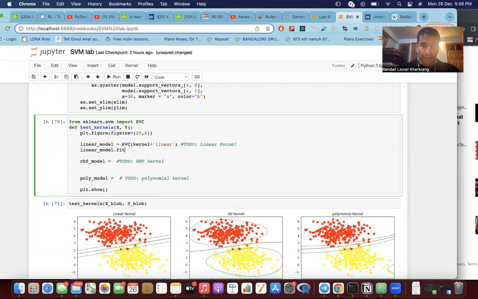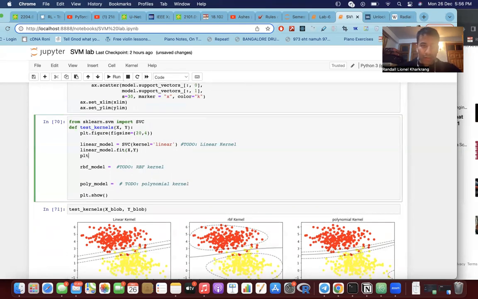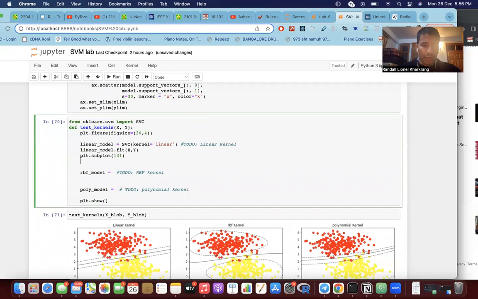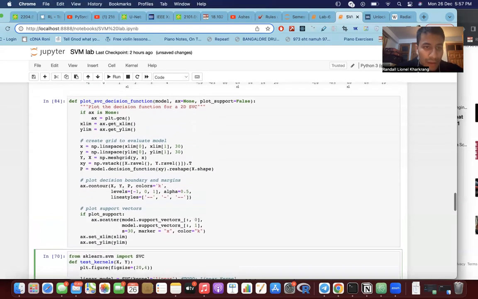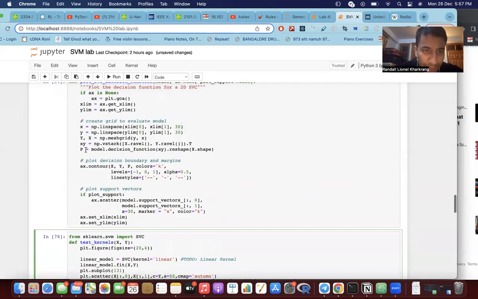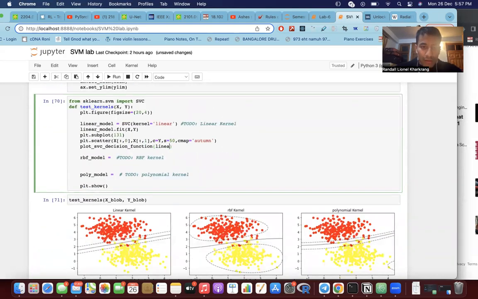Let's create a model that fits x, y. plt.subplot(131). plt.scatter(x[:, 0], x[:, 1], c=y, s=50, cmap=...). Then the plot of the SVC decision function for the model, the linear model.